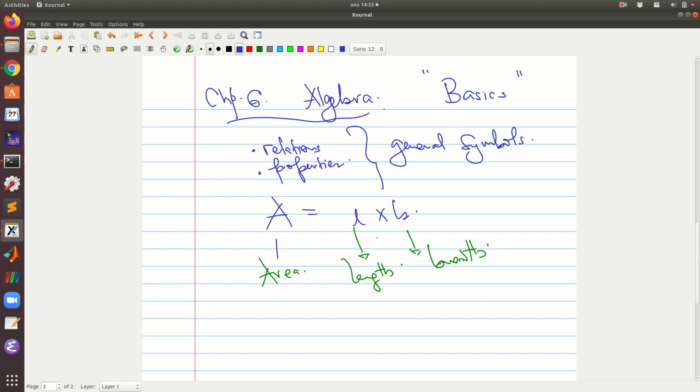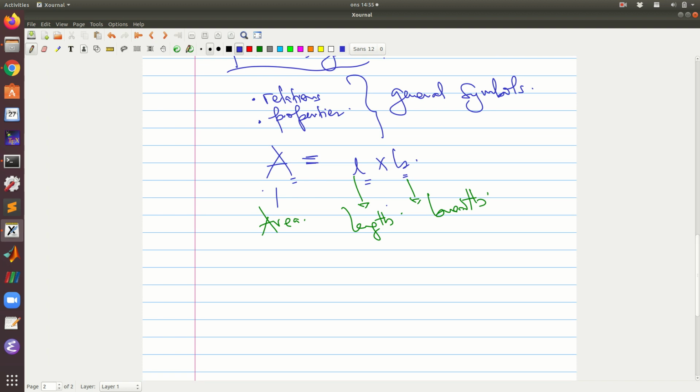Now we are investigating these relations by using symbols, and we are investigating their relationship. How is the area related to the length and the breadth, and something of that sort.